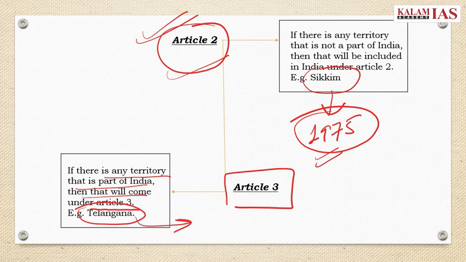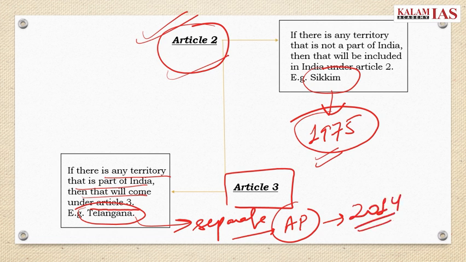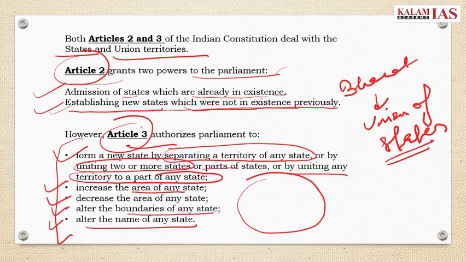Now Telangana was already existing in India, but we made it a separate state by separating it from Andhra Pradesh in 2014. Okay, there are many such examples. For example, Uttarakhand was created out of UP. So the states which are already in existence before, we will make some modifications which we just saw to make it an altogether new state.